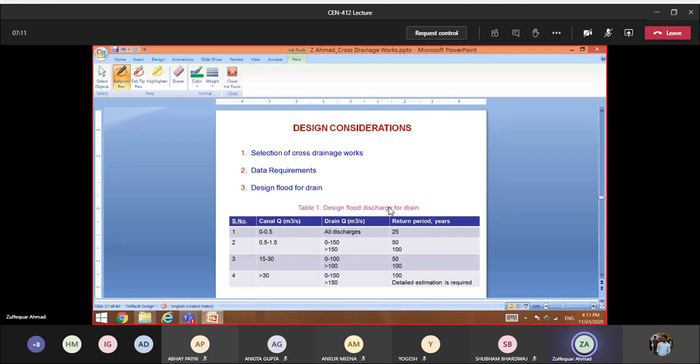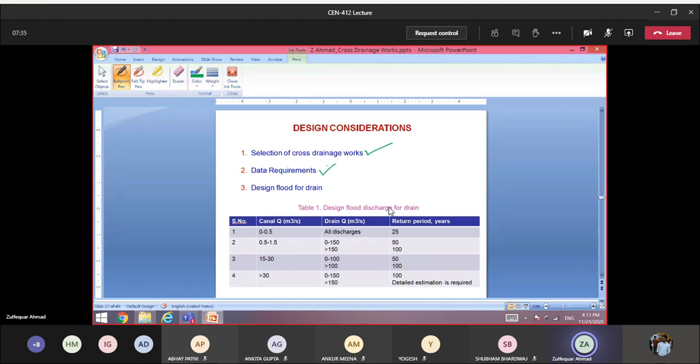The first thing that we have to see here is, on the basis of the four parameters that I had discussed with you, meaning canal bed, canal full supply level, drain bed, and the drain HFL, right? First, we have to decide what type of cross drainage works is to be provided. Once you have decided, then of course the data requirement.